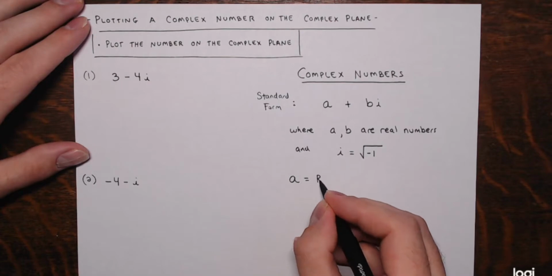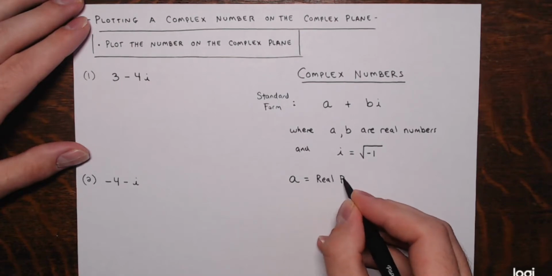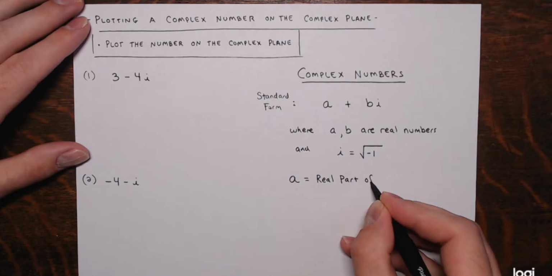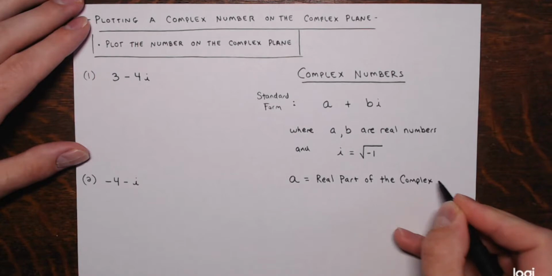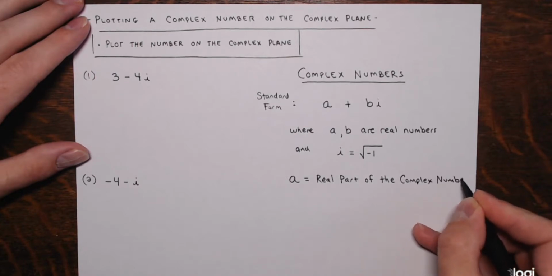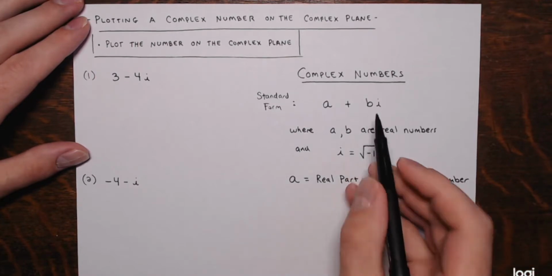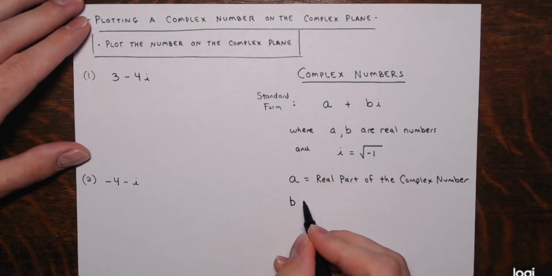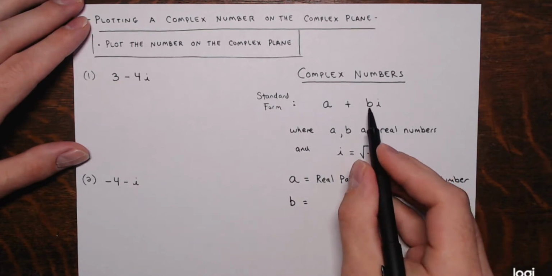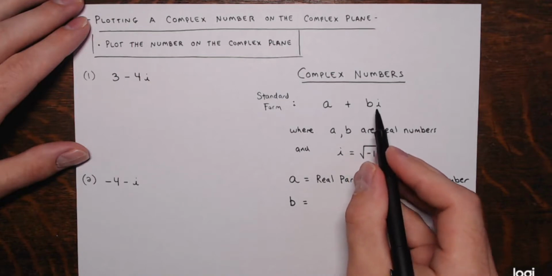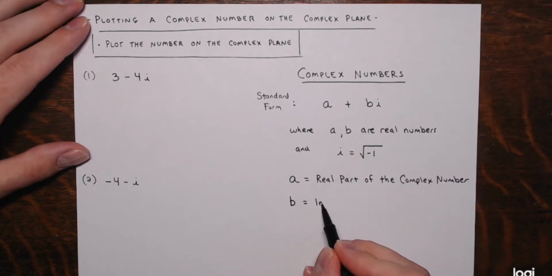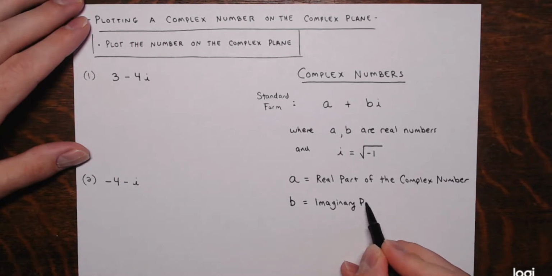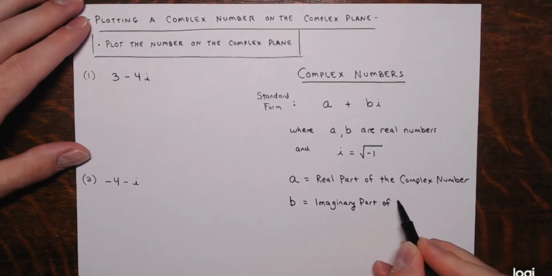This is called the real part of the complex number. And the number b that's attached to the i, the coefficient of the imaginary term, is called the imaginary part of the complex number.